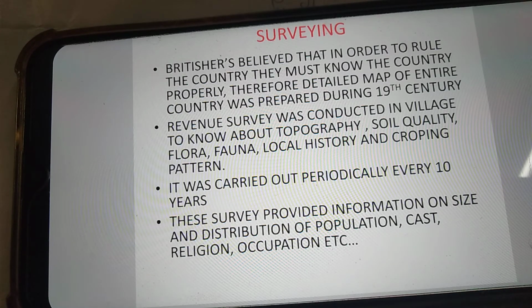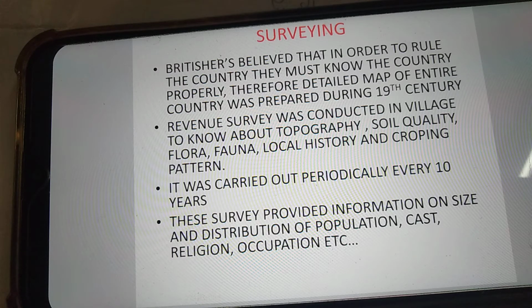Surveying. Britishers believed that in order to rule the country, they must know the country properly. Before long, a detailed map of the entire country was prepared during the 19th century. Revenue survey was conducted in villages to know about topography, soil quality, flora, fauna, local history and cropping pattern.